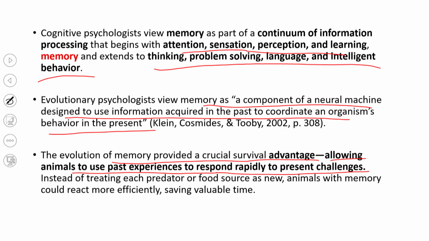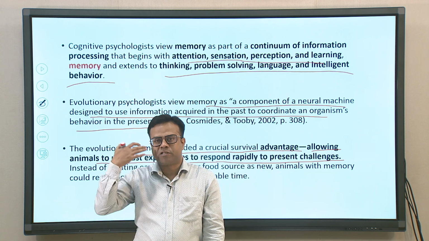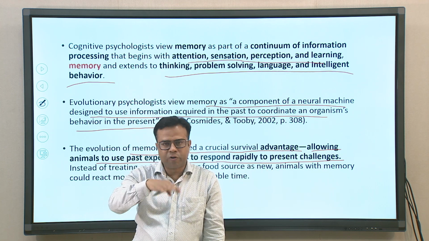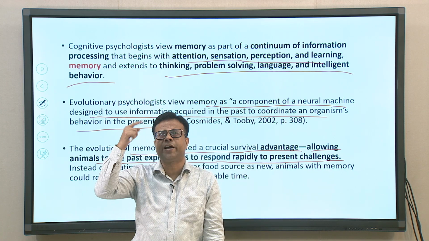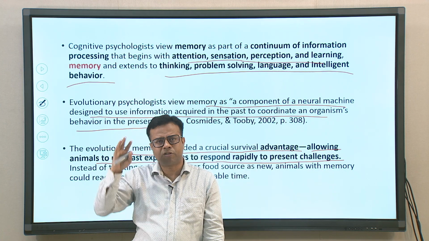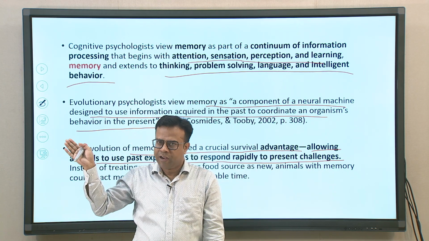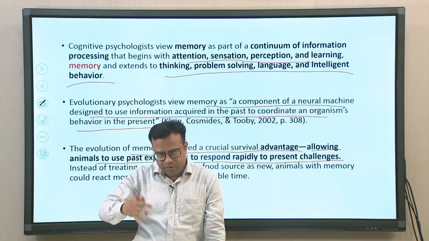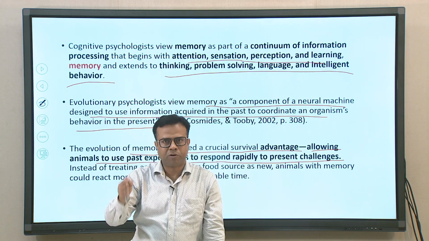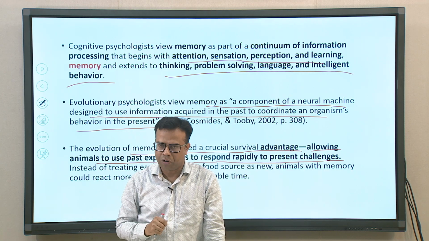Whenever such a situation arises in the future, they do not have to work it out again and again, because they know what they have done earlier and what kind of actions have worked out. So, they can immediately do those actions, because they have been successful in the past.